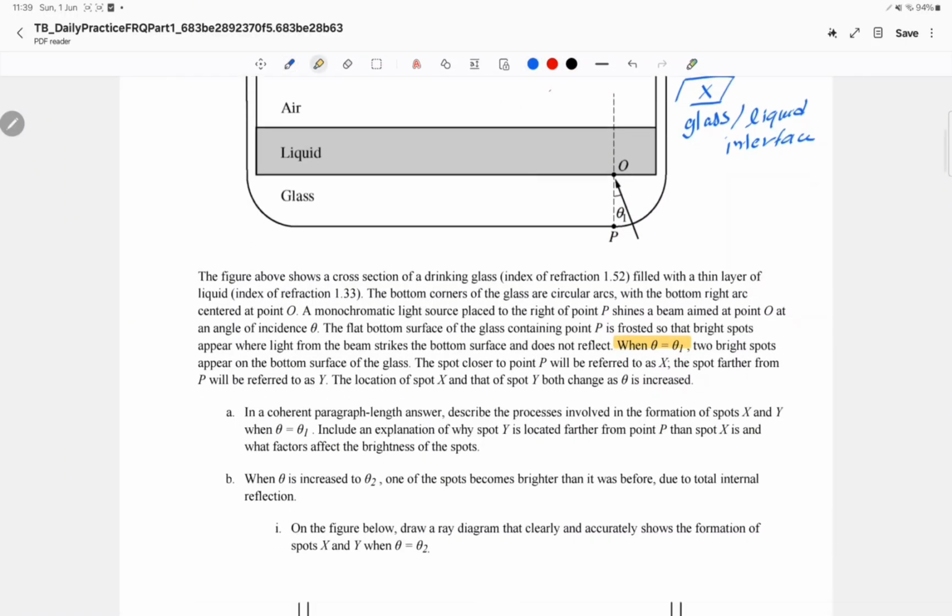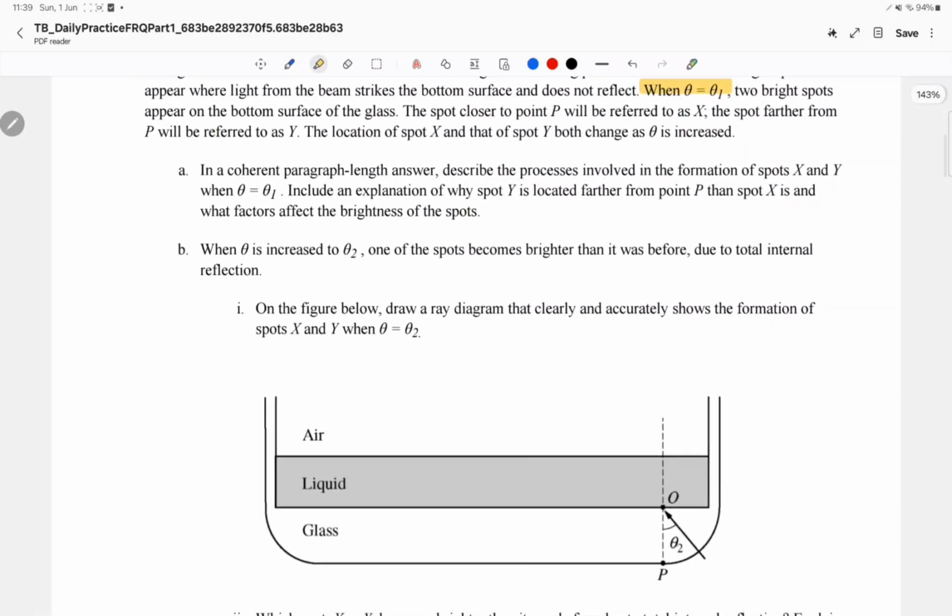Now back at the question. When theta is increased to theta 2, one of the spots becomes brighter than before, but both spots remain. We're going to be having TIR, which results in one of the spots becoming brighter.